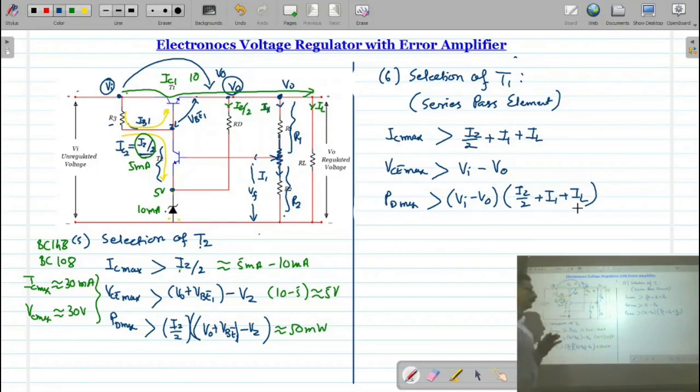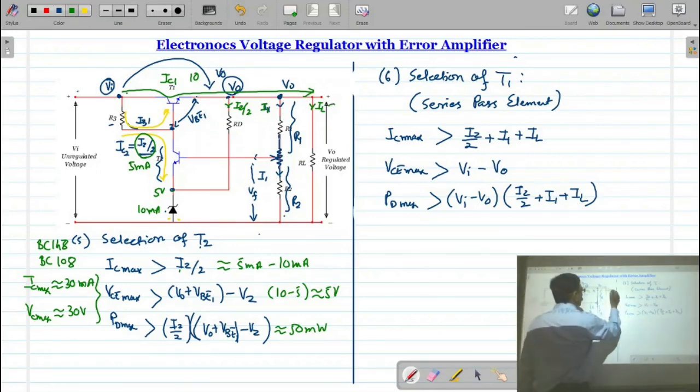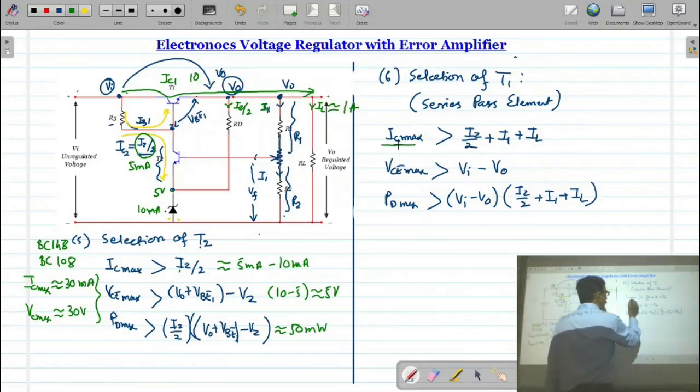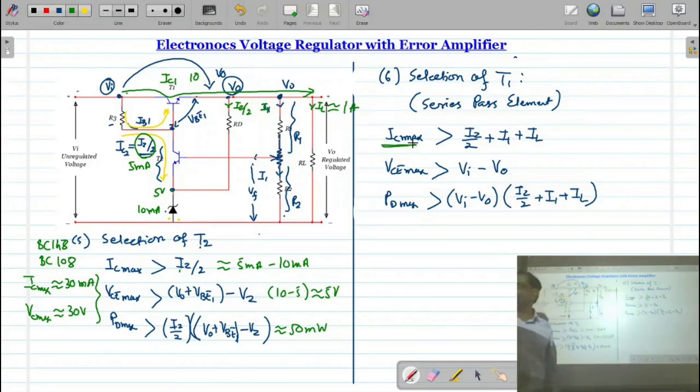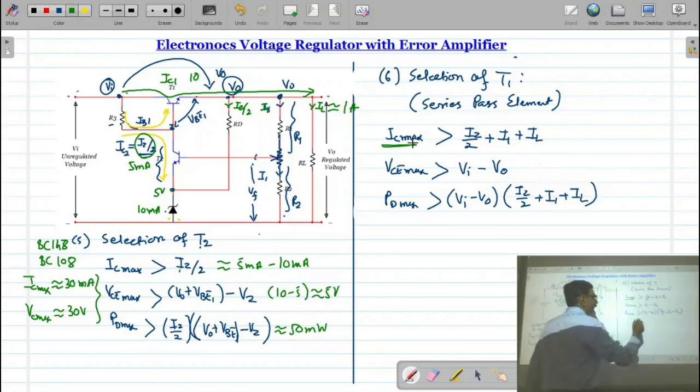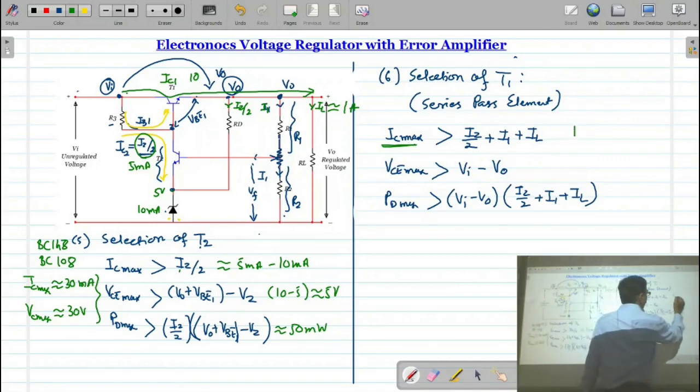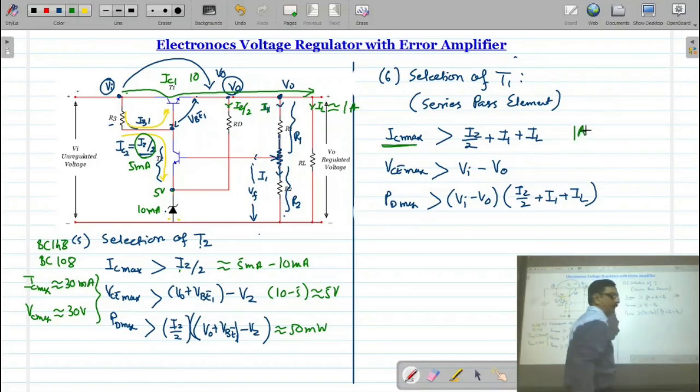Now if you look at this, suppose I am designing a power supply with a load current of 1 ampere. 1 ampere means the collector current of the transistor must be greater than 1 ampere. Correct? So here it is 1 ampere or more.